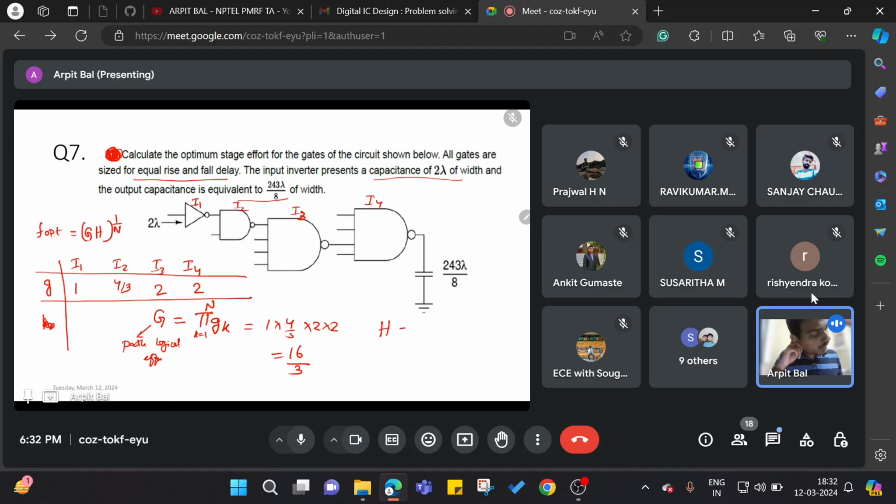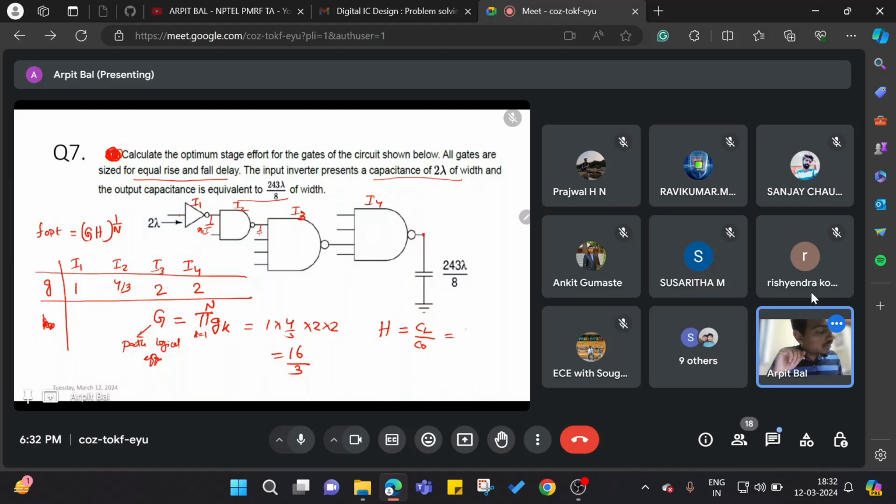Next, we need to find out H. Whatever the node capacitances present here, we can assign some variables to them, but that is not needed, because when we take the product of all the electrical efforts, everything will get cancelled out except CL by C0, where CL is the final load and C0 is the initial.